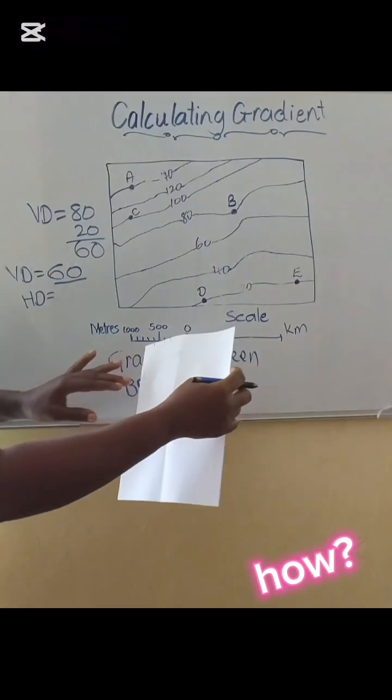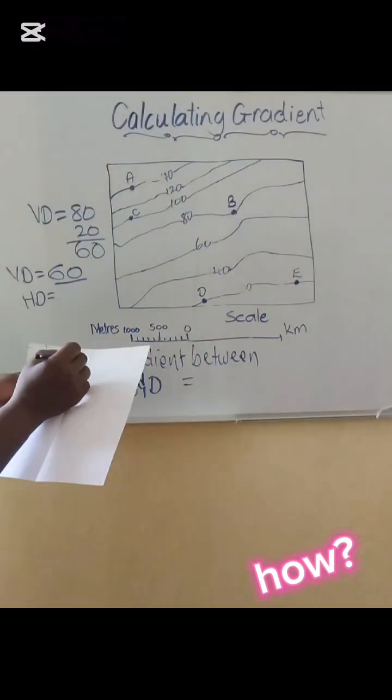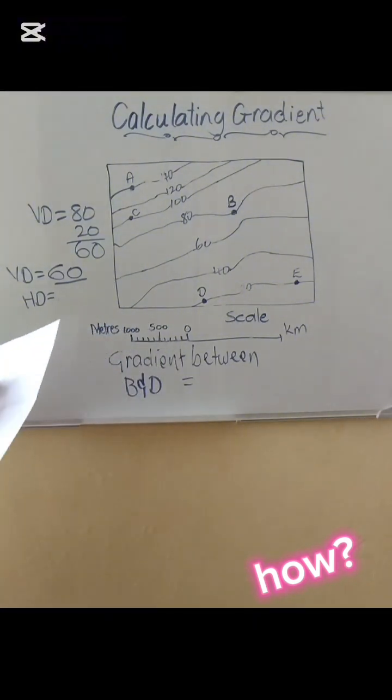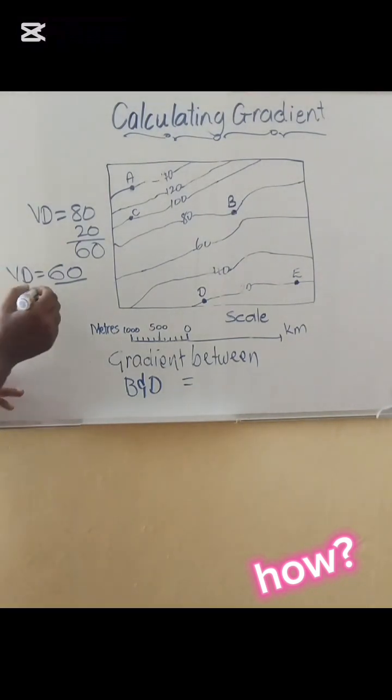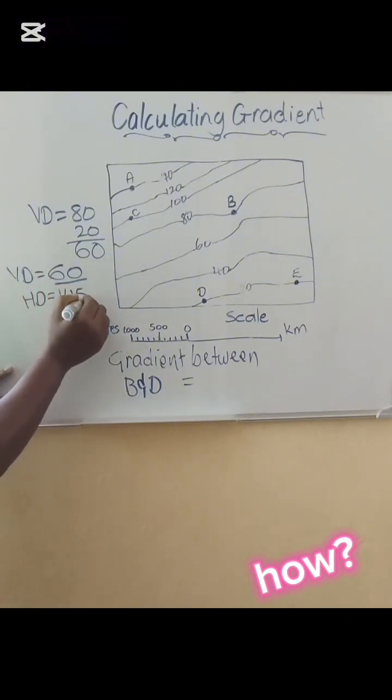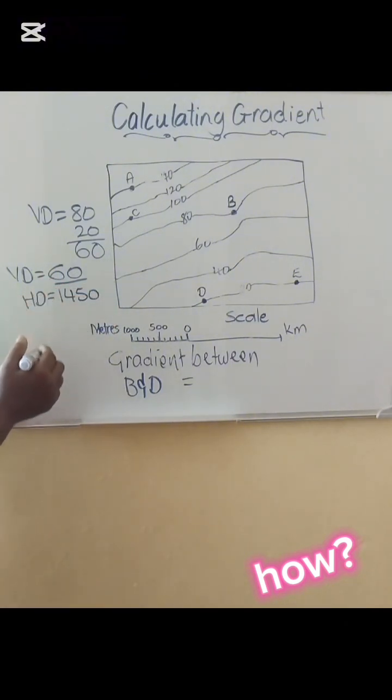Yes, if we add that together, oh, I wrote 100 instead of 1000, right? So that's 1450 meters. Okay, so we need to do a division.